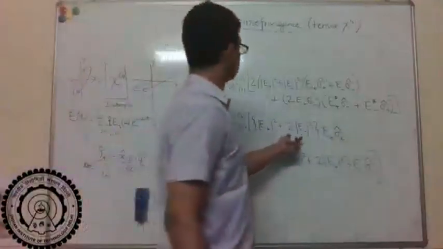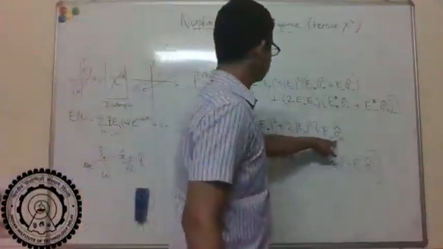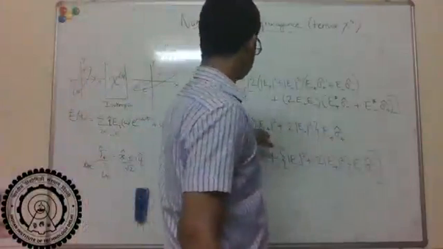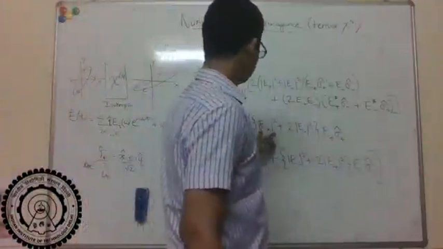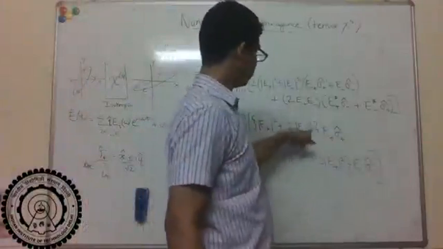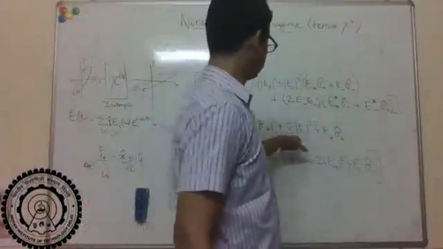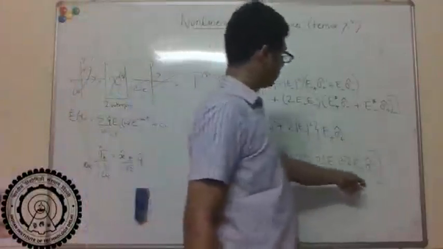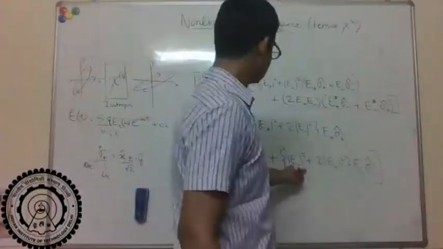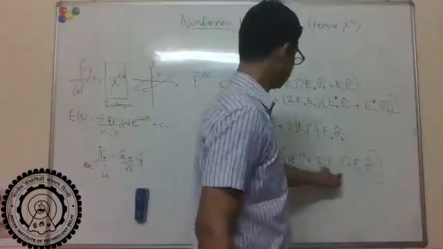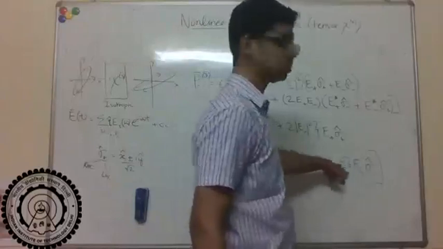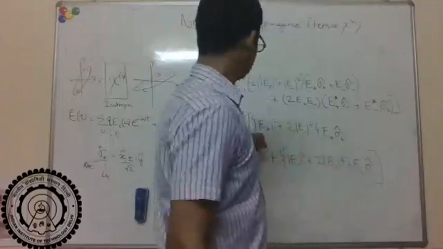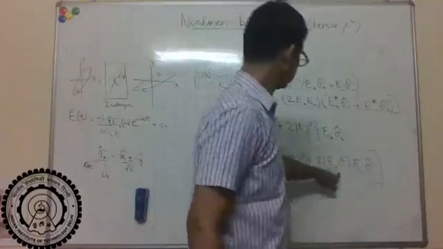Okay. So for sigma plus, I get mod of E plus square plus 2 times mod of E minus square times E plus sigma plus, and for the sigma minus, I get mod E minus square plus 2 times mod E plus square. Right. So these two terms are different.